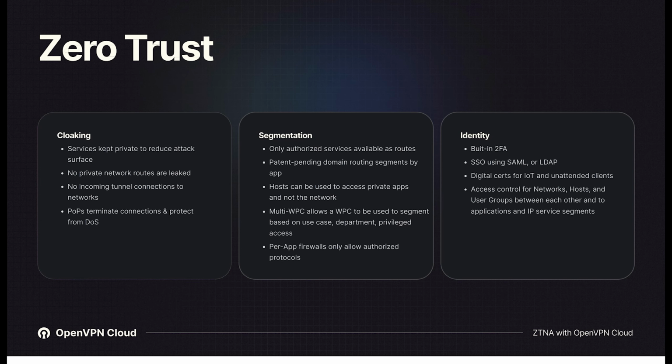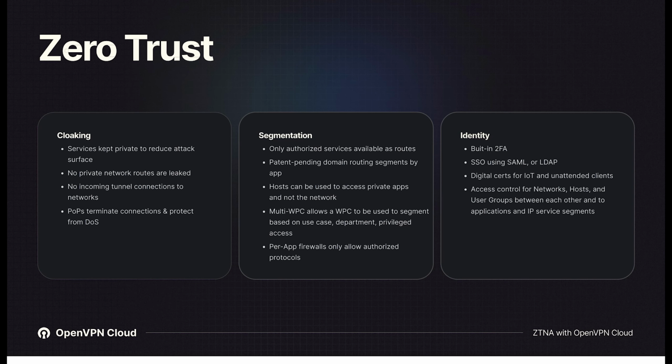To help increase user productivity and security in remote work environments, which a lot of companies are doing these days, many organizations are turning to more modern cloud-native security solutions, again, such as OpenVPN Cloud, that can provide zero trust network access, or ZTNA.